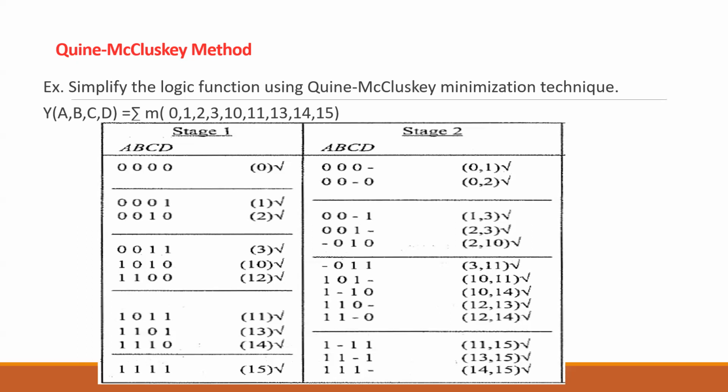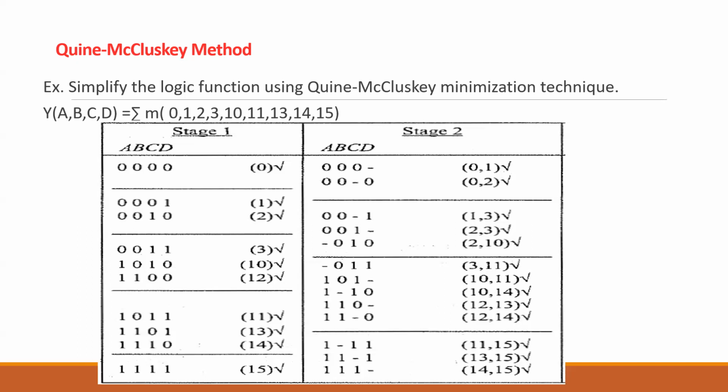Similarly, from stage 1, third group minterms are compared with fourth group minterms. Third group minterms are 3, 10, 12. These are compared with 11, 13, and 14. Thus, in the second stage, we get the third minterm pairs group as 3, 11, 10, 11, 10, 14, 12, 13, and 12, 14.